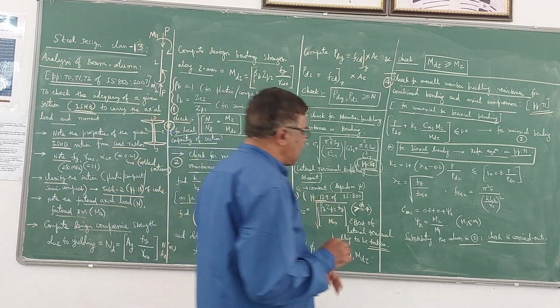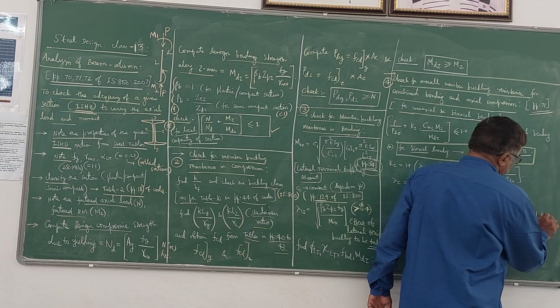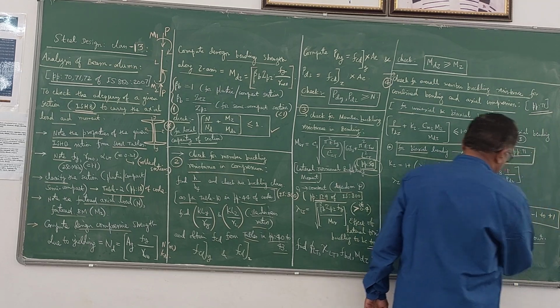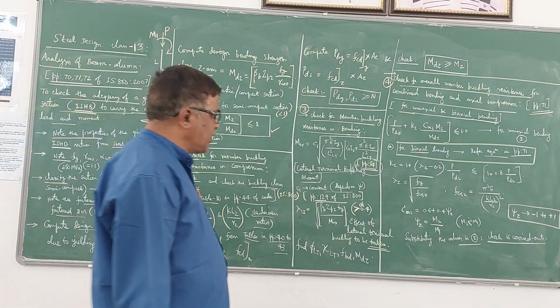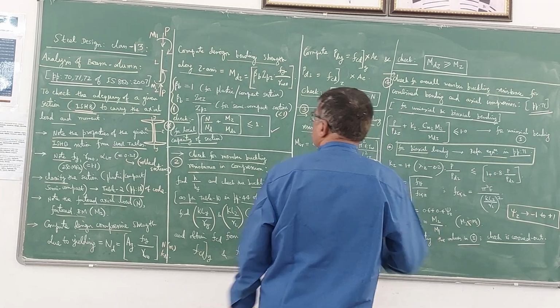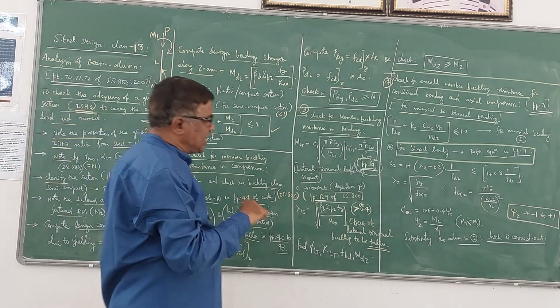So this psi z value can vary from -1 to +1. This I explained in the last class when I explained the concept of behavior of beam columns. So once you get all these values, you will be knowing these two moments, so you have to take the ratio.